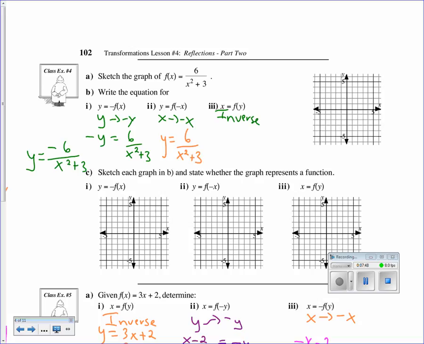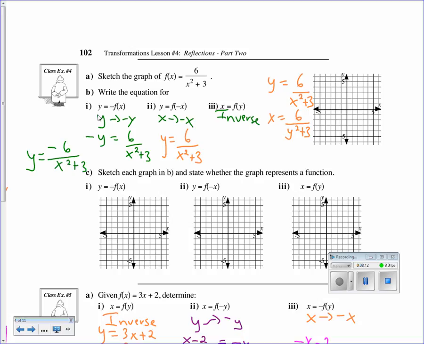And then the joy of the inverse is to flip x and y. And I'll give myself a little more space for that. Y equals 6 over x squared plus 3. Then x is equal to 6 over y squared plus 3. Then I have to do a little bit of algebra, which isn't as much fun.